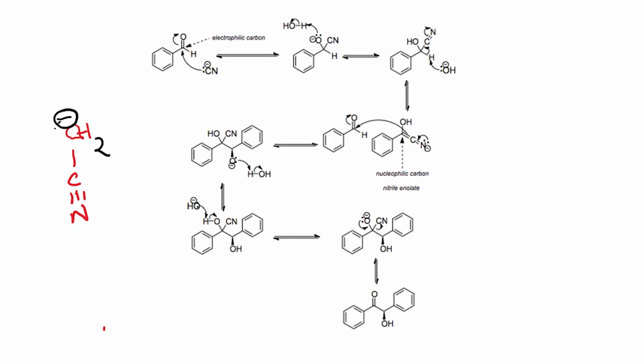One of the reasons is the ability to delocalize as shown here, C double bond C double bond N with a minus over here, and there are 2 hydrogens. Okay, so this is one way to move forward and understand this.